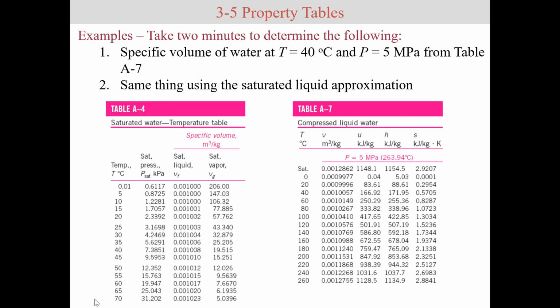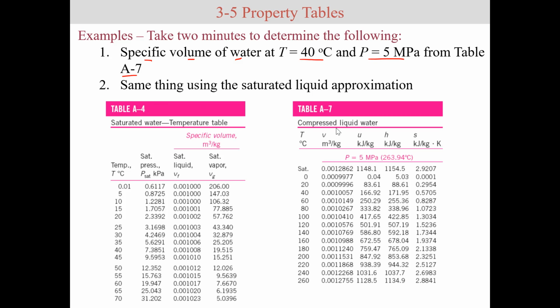So let's just do a small example here. I want you guys to find the specific volume of water at 40 degrees Celsius and 5 megapascals from table A7. Go to your compressed liquid table; 5 megapascals happens to be a pressure that's tabulated there.